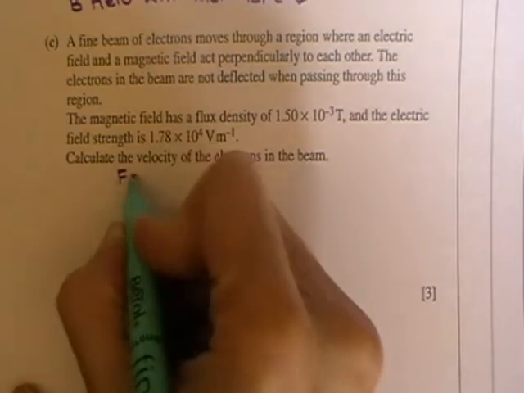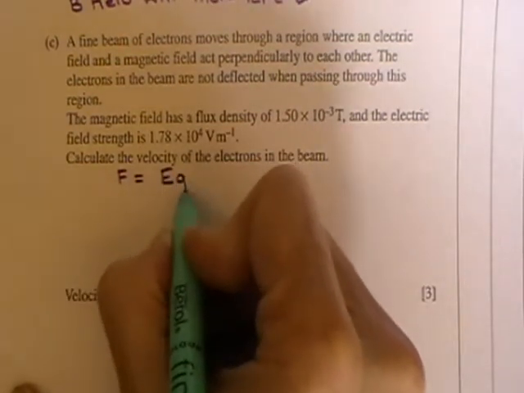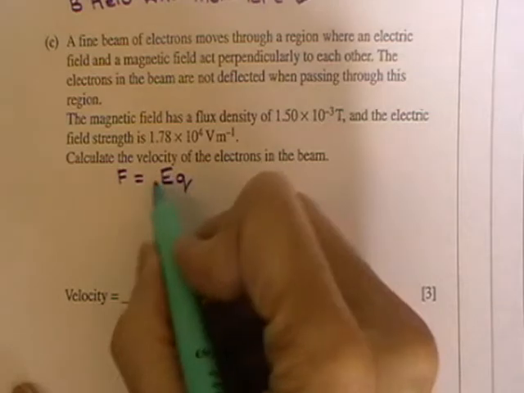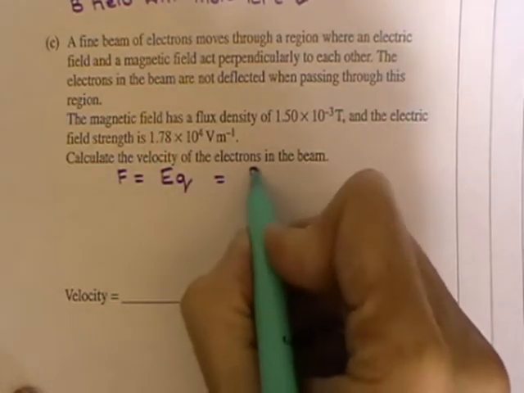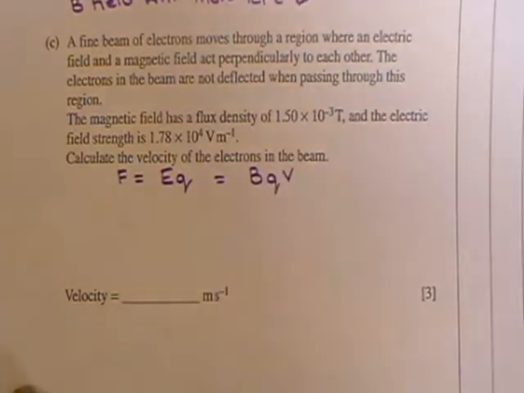So F is equal to EQ, or E is F over Q, and that's the electric field, the force due to the electric field, and that's equal to the force due to the magnetic field, which is BQV.